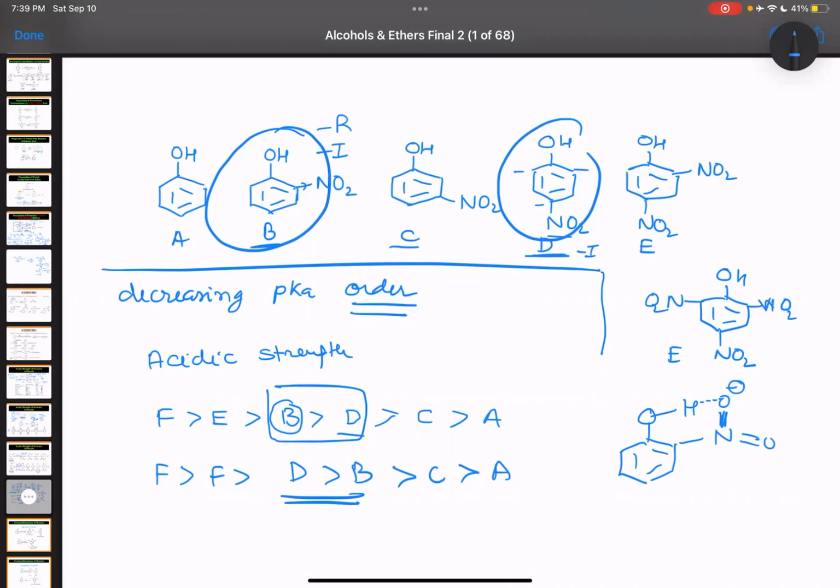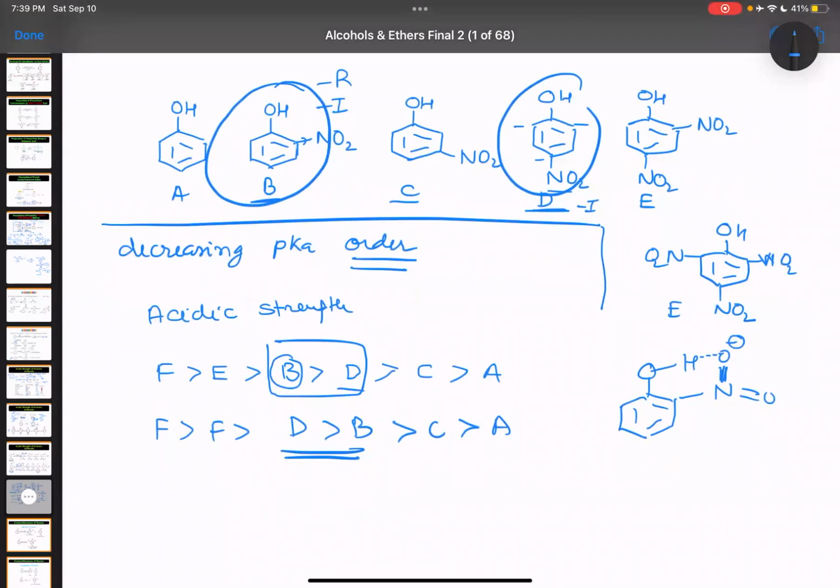This H plus gets attracted by the O minus, due to which it is held more strongly and doesn't come out easily. That is the reason why it comes out less easily than in the para isomer.